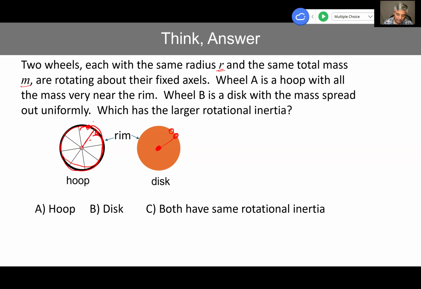If masses are equal, rotational inertia is going to be equal for all of these, so we can add them easily. This one is going to be a little tricky, but I want you to think using this idea and tell, you don't need to tell me the formula, but which one is going to have larger or smaller rotational inertia, okay?